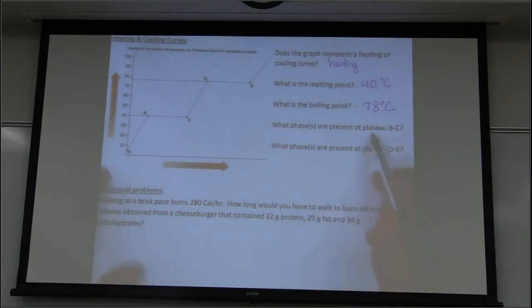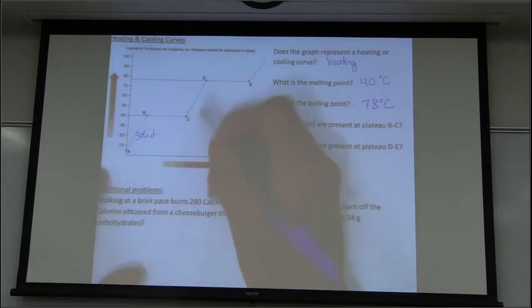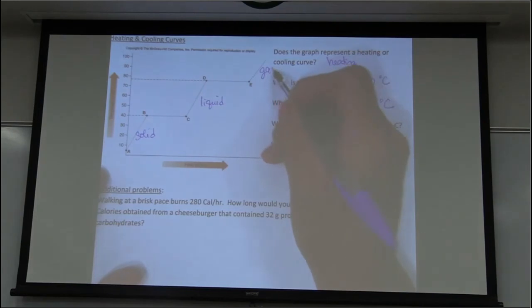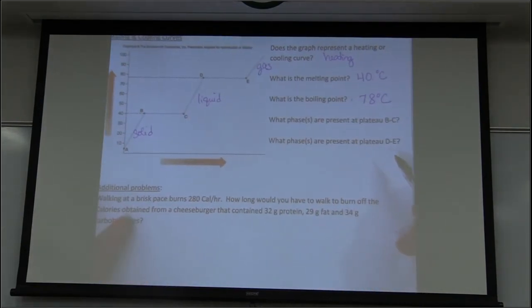Before you answer the next two questions, tell me, what is this phase? And gas. So now the question is, what phase or phases are present at plateau BC? Solid and liquid. Now that confuses people.